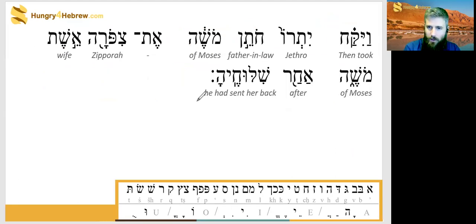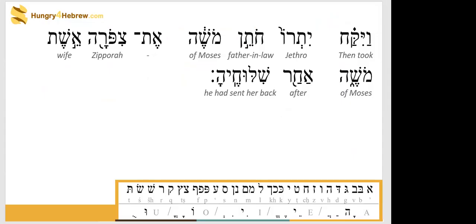Who would like to read the next verse? I'll read if no one wants to. Cheryl, please, go ahead. Vayikach Yitro Choten Moshe et Tzipora Eshet Moshe Achar Shilucheha.